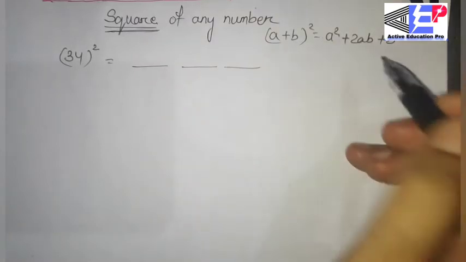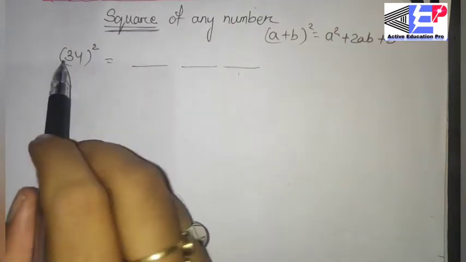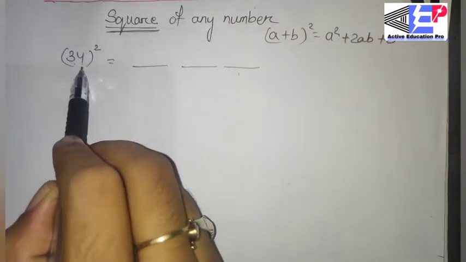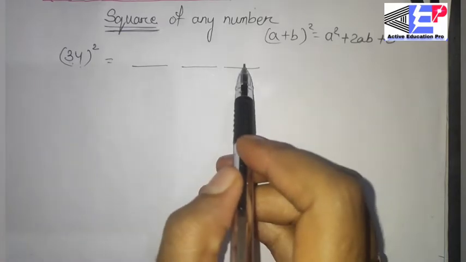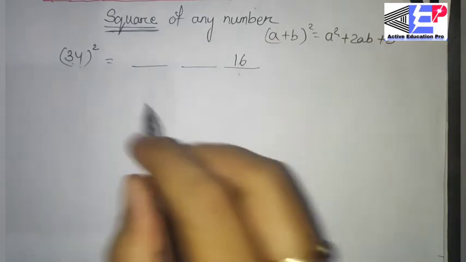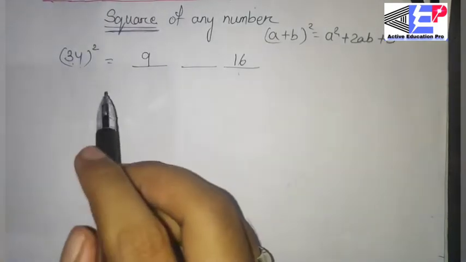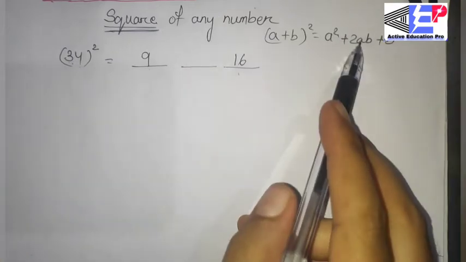So here are the 3 parts. Here a is 3 and b is 4. First, at the right side is b square. Here b is 4, 4 square is 16, and 3 is a, so a square is 9. The remaining part, the middle part, is 2ab.